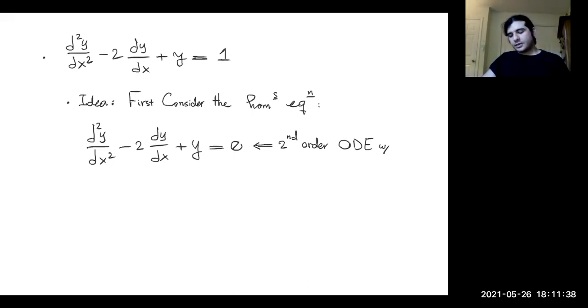The coefficient of the derivative of y with respect to x is -2, and the coefficient of y is just 1. Right here, we only have constant numbers, right? So it is an ODE with constant coefficients. Now, when we have an ODE with constant coefficients, we should look at the characteristic polynomial.